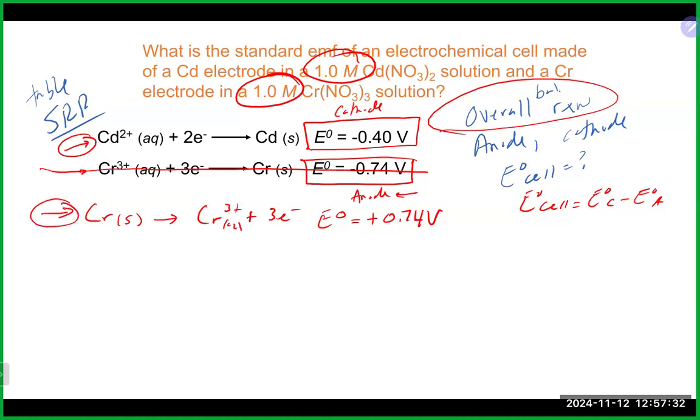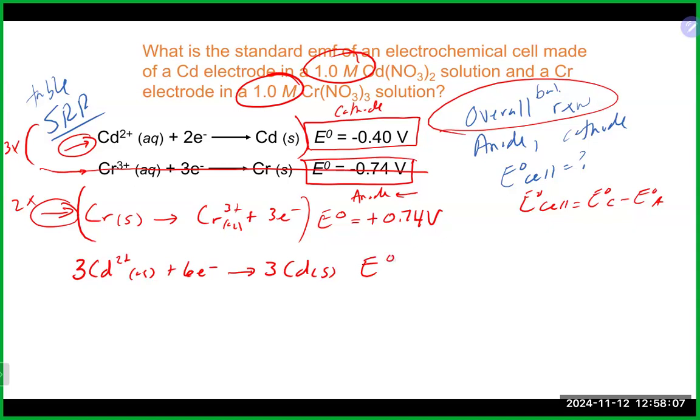If I want to add my cathode reaction with my anode reaction, since it is still a redox reaction, before you could add these half reactions together, the electrons need to be the same number, right? They're obviously not the same number here. The common number between those two is 6. So we're going to multiply the top one by 3 and the bottom one by 2. On the top, we would have 3 Cd2+ plus 6 electrons goes to 3 Cd solids.